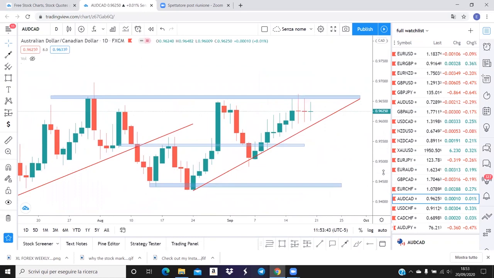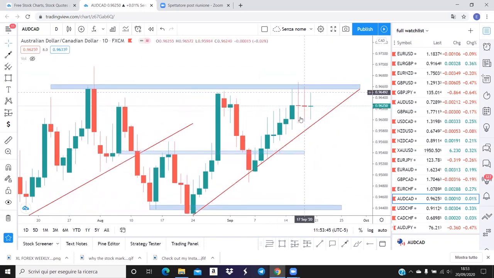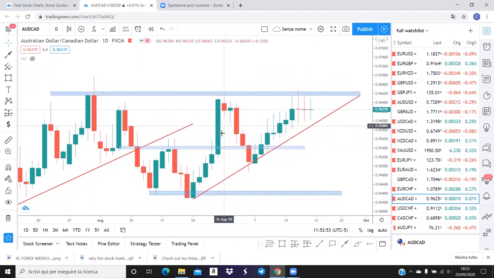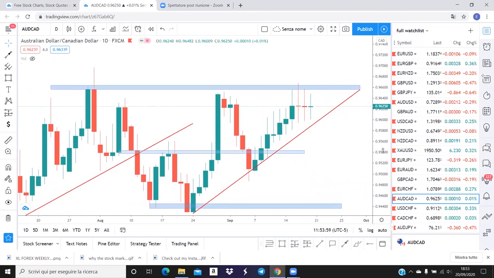So I believe that banks are gathering many orders at the current levels, and we will have a very strong candle very soon, like this one, for example, either to the upside or downside. So we have to be careful and see what direction the market wants to take, because at the moment there is a lot of indecision on AUDCAD.